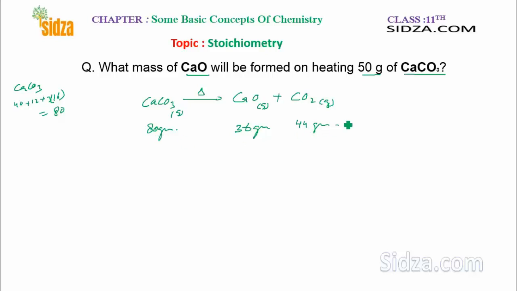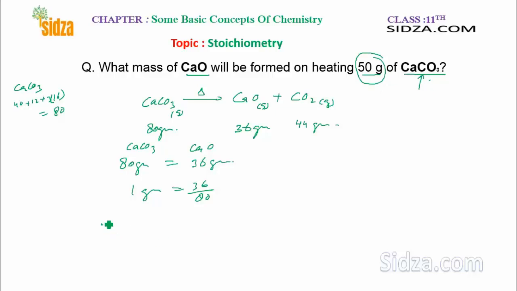So from this balanced chemical equation, 100 grams of calcium carbonate produce how much? They produce 56 grams of calcium oxide, right? So from 1 gram of calcium carbonate you get 56 by 100 grams of calcium oxide, and I need to check it for 50 grams of calcium carbonate.